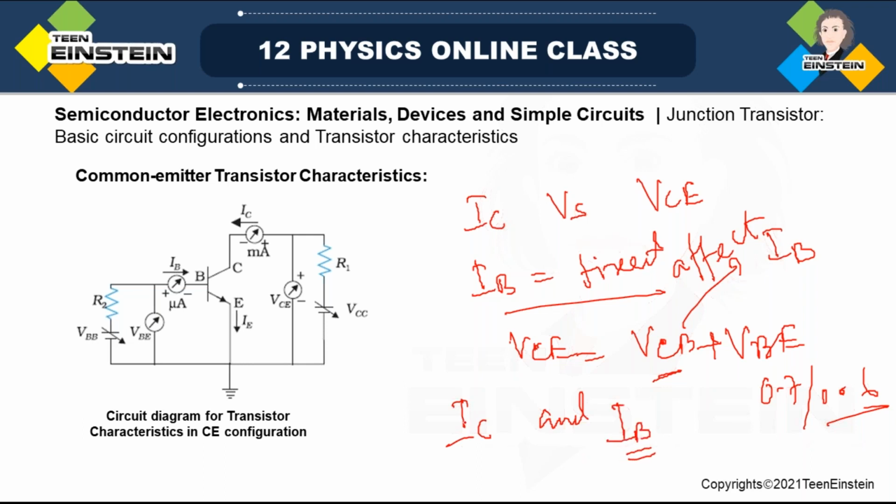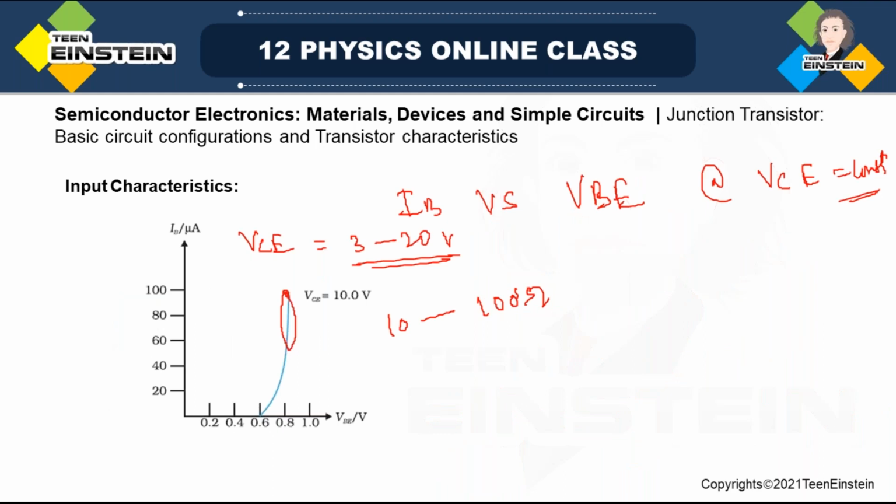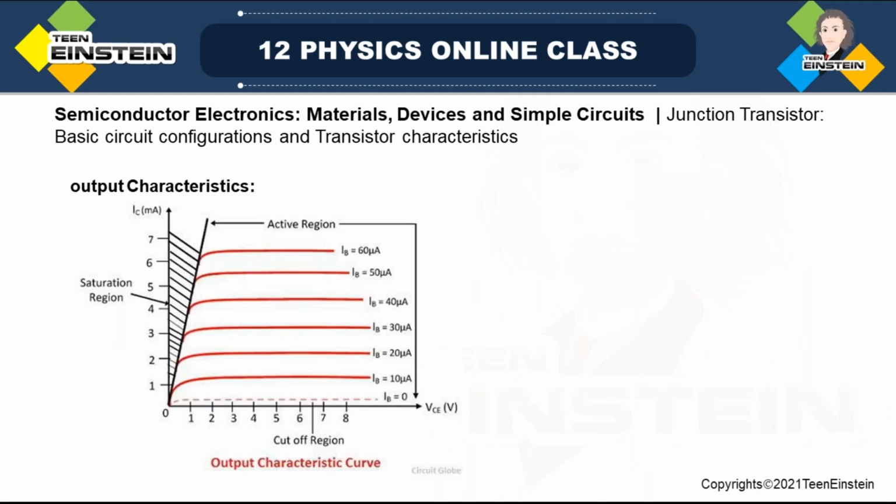Okay, both IC and IB change. So in this case, that means input is affecting your output. That is what I want to say. Input current is affecting your output current. So that's why you have to draw output characteristics for different fixed values of base current.